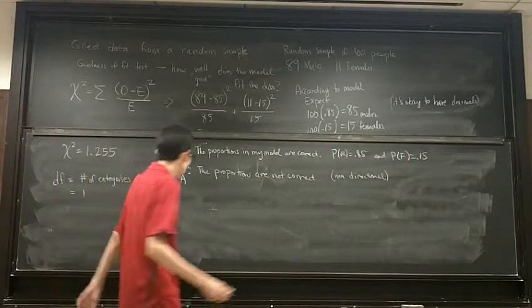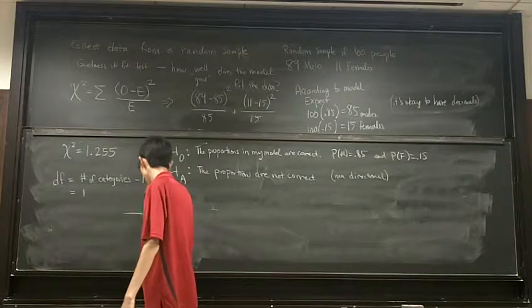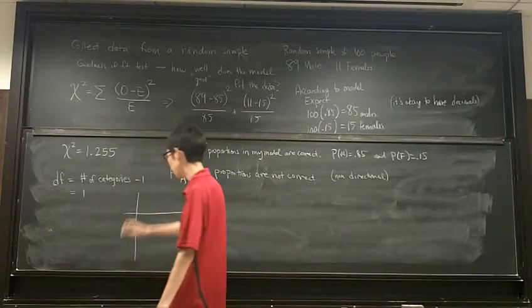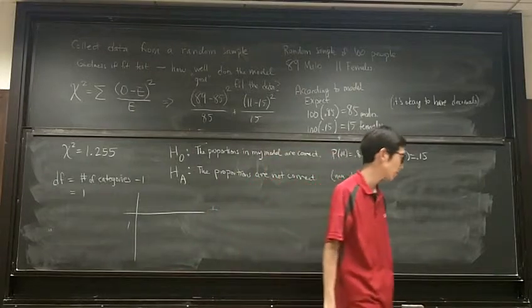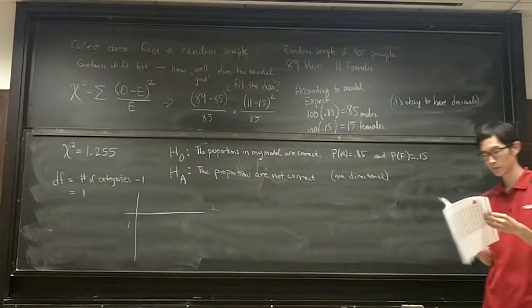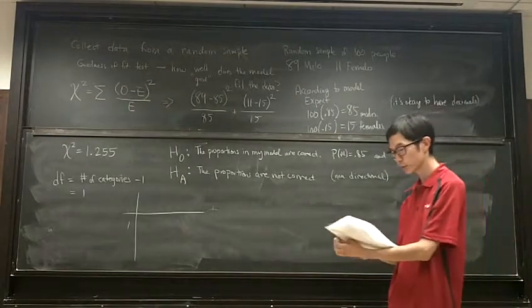Alright, so we go to our chi-square table, row 1 degree of freedom, and we look for where 1.255 fits. So this is table 9.